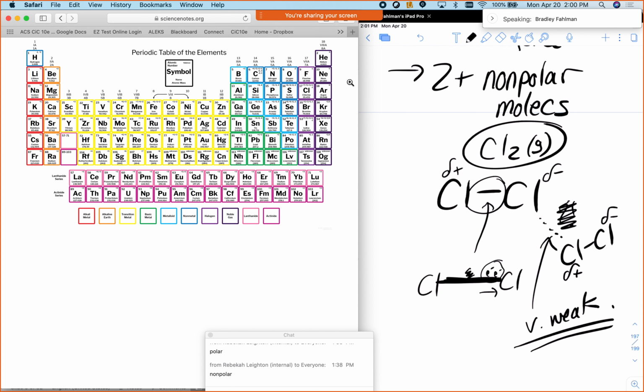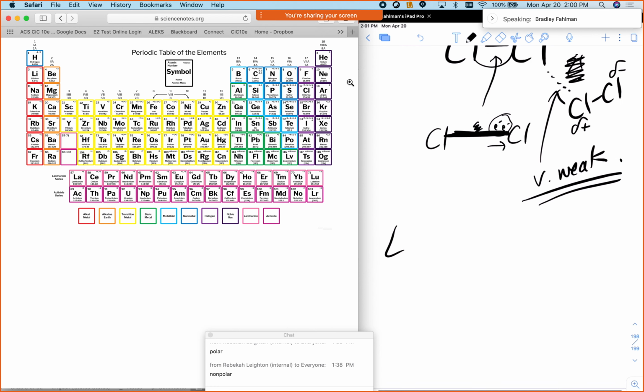They can become stronger as you have larger atoms. London dispersion forces increase as the molar mass of the molecule increases.